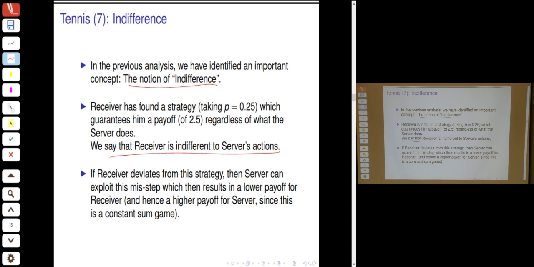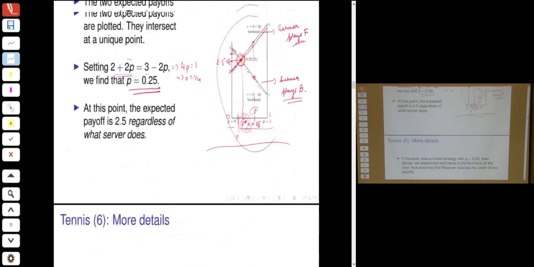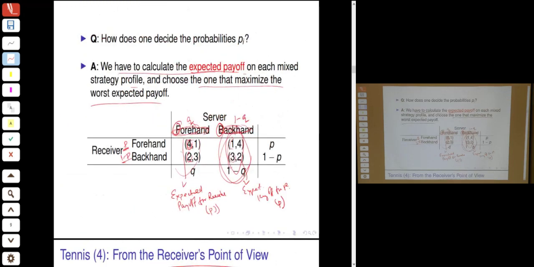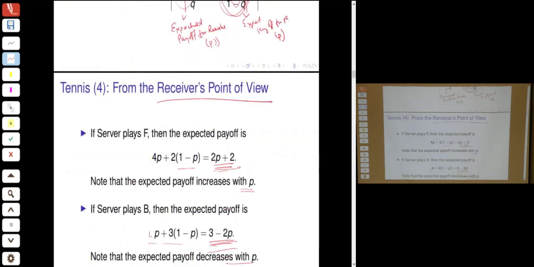So in that case, we say that the receiver is indifferent to the server's actions. And if the receiver deviates from this strategy, then the server can exploit this misstep and adjust his own strategy so that this results in a lower payoff for the receiver, and hence a higher payoff for the server, since this is a constant sum game. So the sum is always 5.